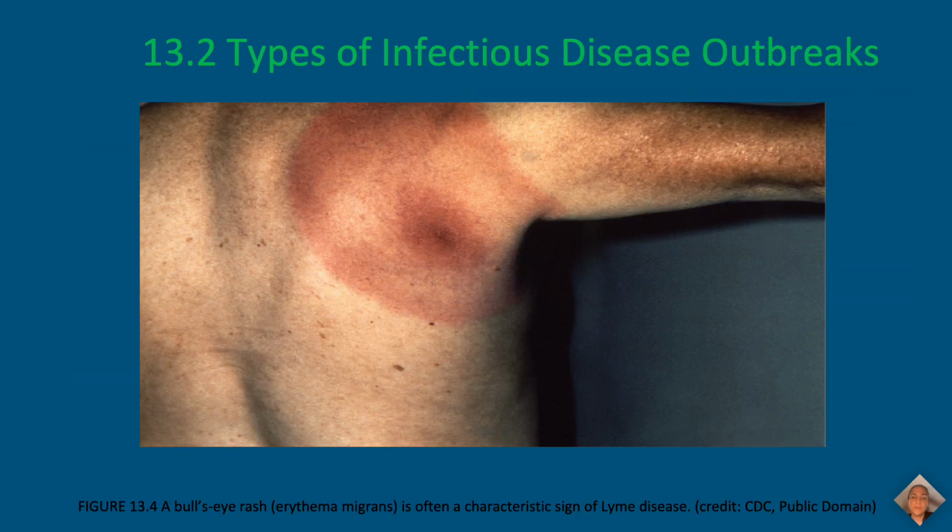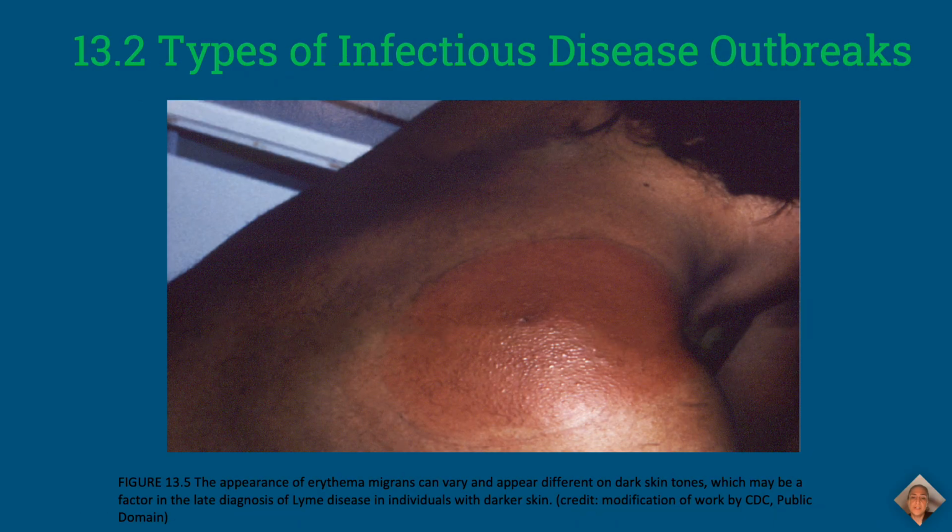So you can see a picture of this bullseye rash, and then there's also erythema migrans, and these are really characteristic signs of Lyme disease. And then you can see that the appearance of the erythema margins can vary, and they appear different on different skin tones.